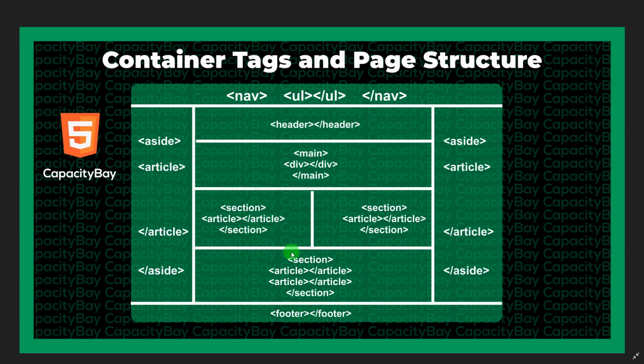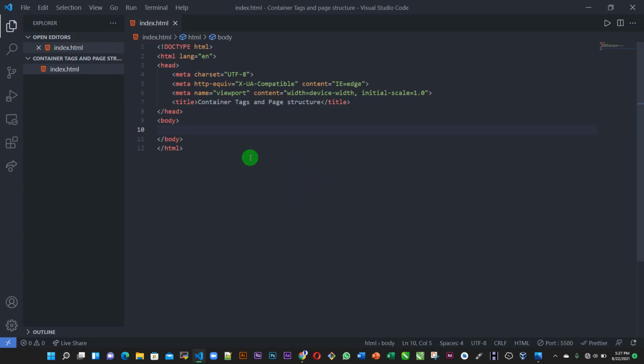Now let's take this to Visual Studio Code. I have a folder called container tags and page structure with the file index.html and the title. All right. So we are going to be having our nav tag first of all.